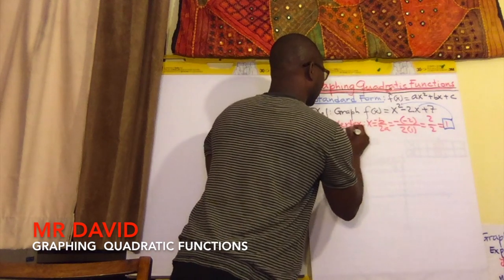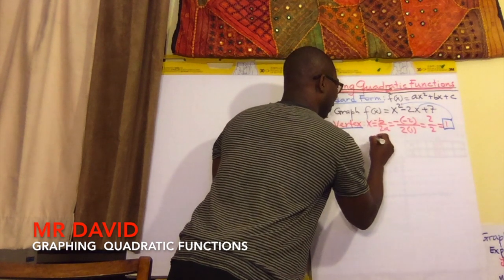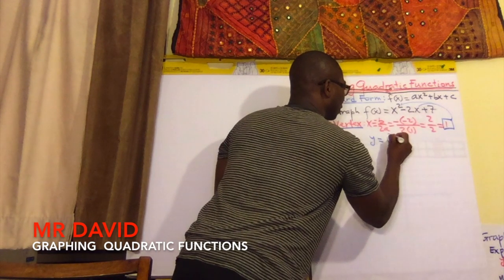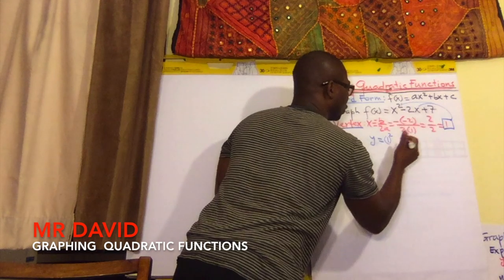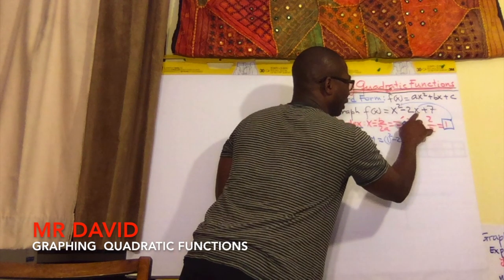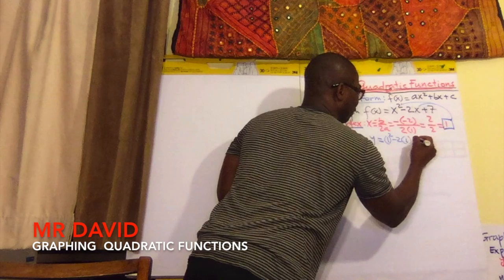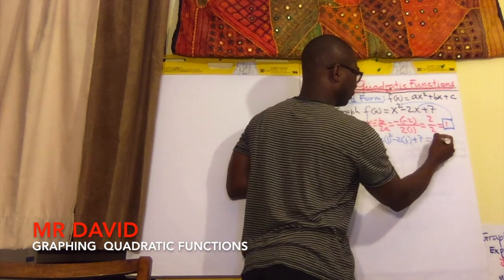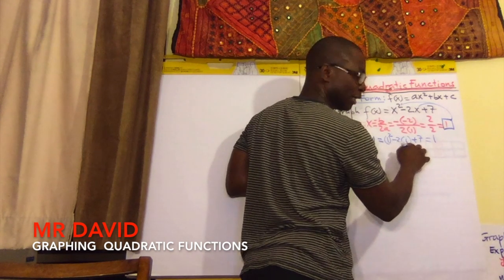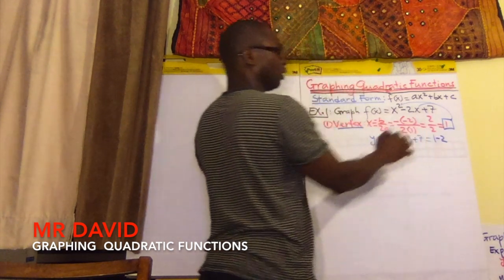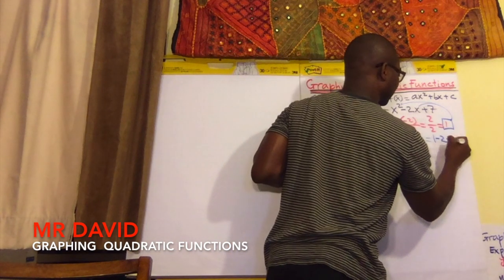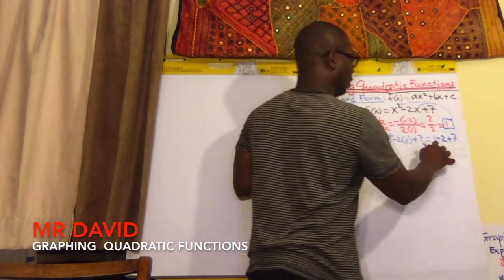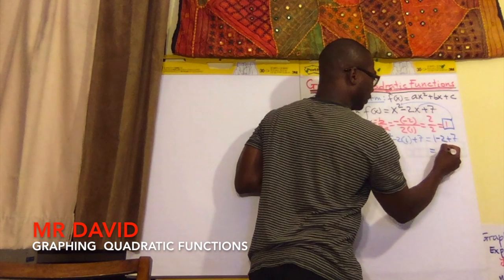So y will be 1 squared minus 2 times 1 plus 7. 1 squared is 1, negative 2 times 1 is negative 2, plus 7. 1 plus 7 is 8, and 8 minus 2 is 6.